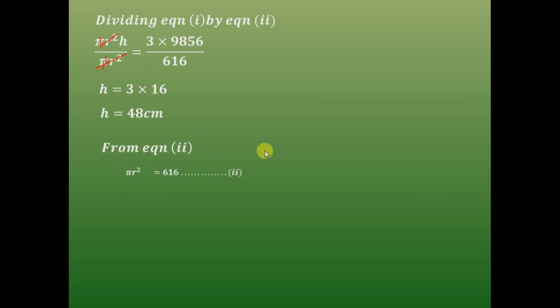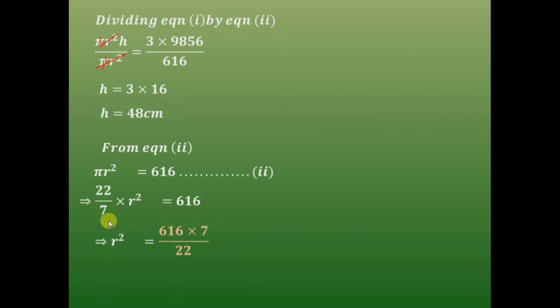From equation 2, pi r square is equal to 616, can be written as 22 by 7 into r square is equal to 616. By cross multiplication, r square is equal to 616 into 7 divided by 22. After calculation, I'll get r square is equal to 196, that is r is equal to 14.